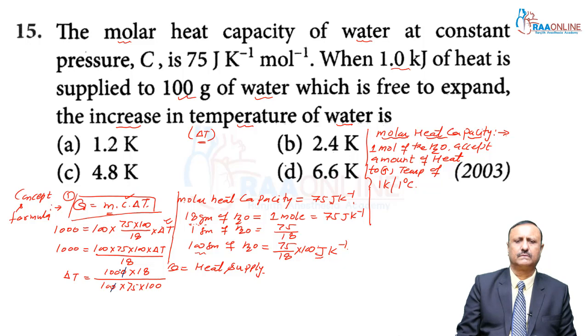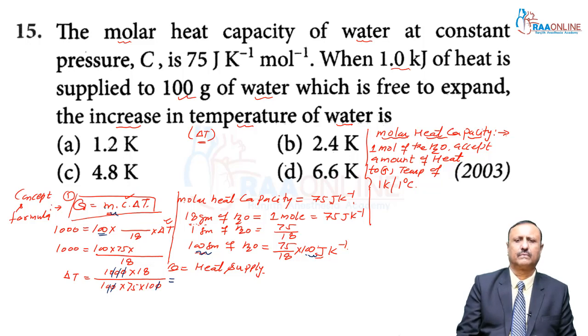Here you cannot take this mass again, because the mass is already multiplied. So this 100 you can remove, and only 75 upon 100 remains.